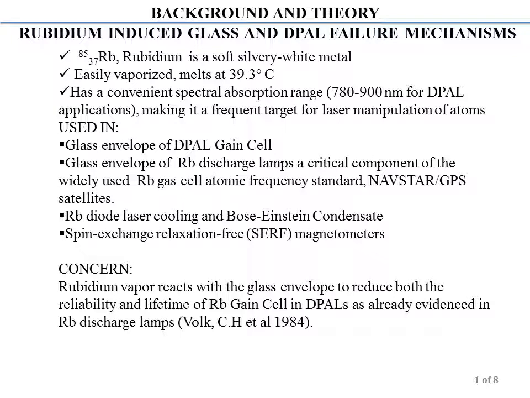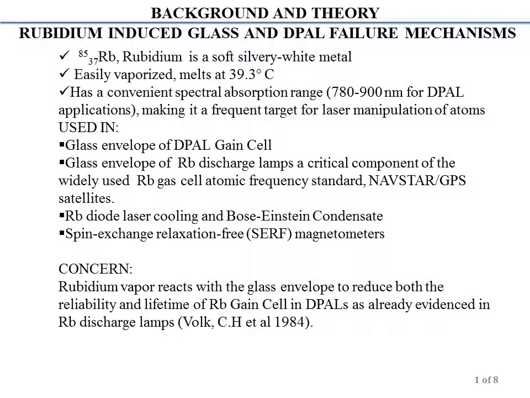It can also be used in glass envelopes of rubidium discharge lamps, a critical component widely used in the rubidium gas cell atomic frequency standard for NAVSTAR and GPS satellites, rubidium diode laser coolant and the Bose-Einstein condensate, and spin-exchange relaxation-free magnetometers.